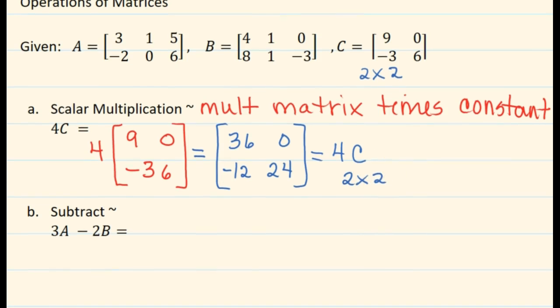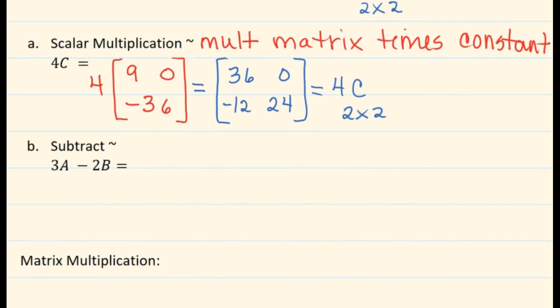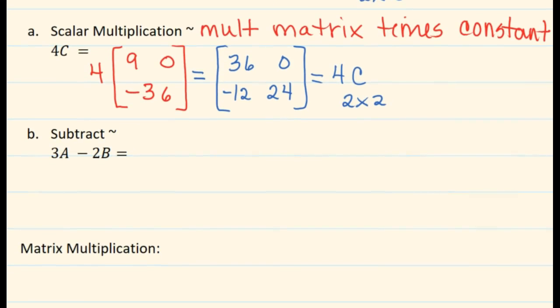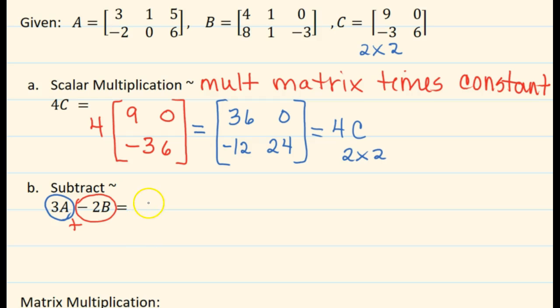Let's talk about subtracting as well as multiplying with scalar constants. So in other words, let's rewrite 3A, and I'm going to write that one in blue. And then I'm going to do negative 2B, and then I'm going to add them together. In blue, I'm going to write 3 times A, so I'm going to get my A matrix, and I'm going to multiply everybody times 3.